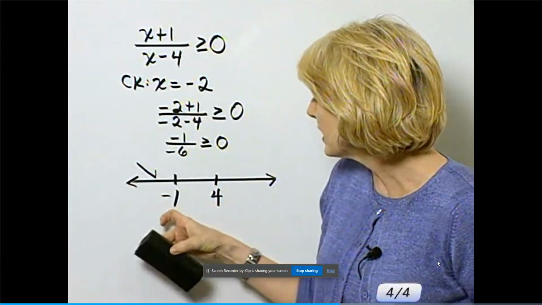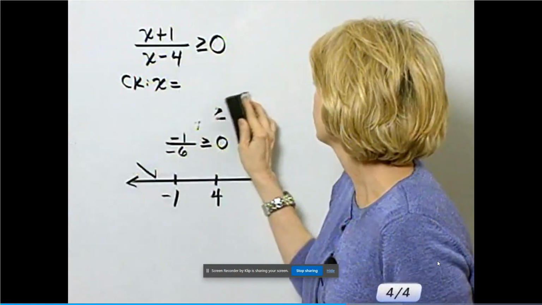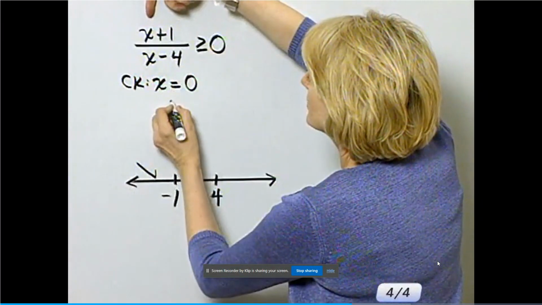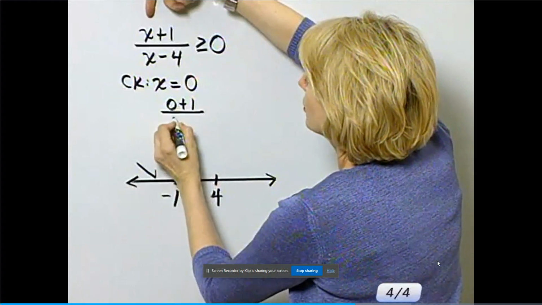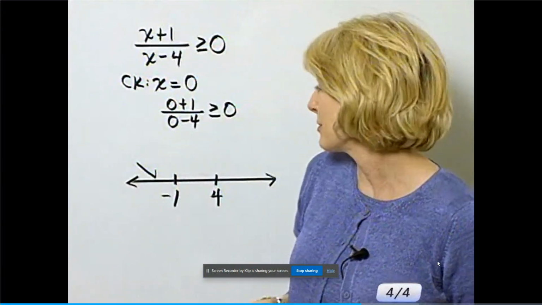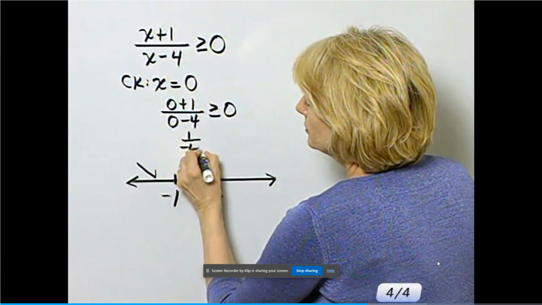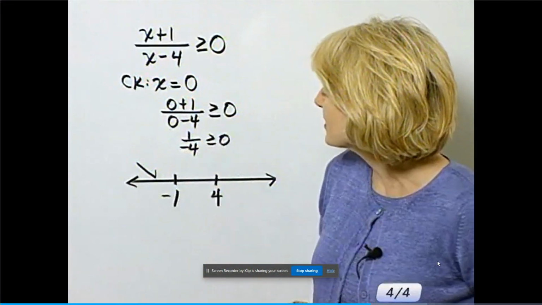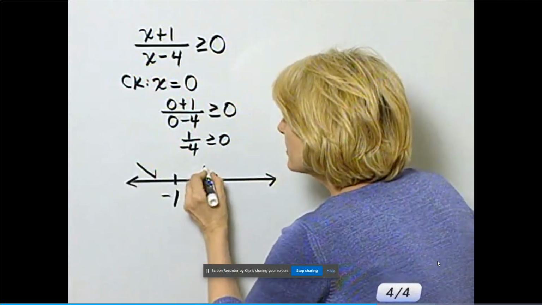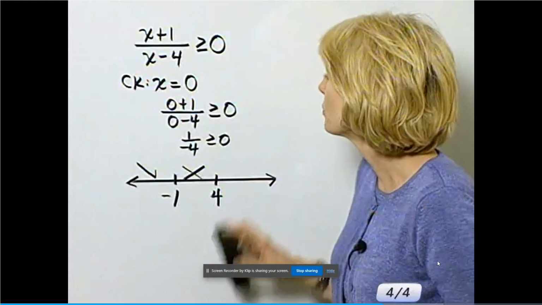Check any number between negative 1 and 4. I'll check 0. So 0 plus 1 over 0 minus 4, true or false statement. That's 1 over negative 4. Negative 1/4 is not greater than or equal to 0, so this is a false statement, which means that's not a solution region.